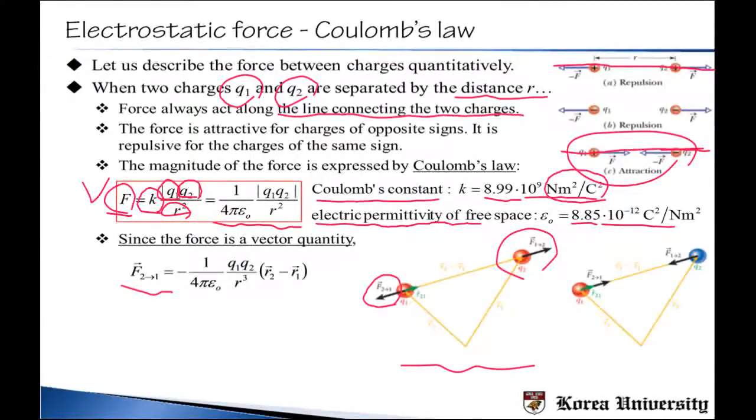The equation looks the same as Coulomb's law, but there is a part representing the vector, the difference of the position vector between them. This difference, R2 vector minus R1 vector, represents the line connecting these two charges.